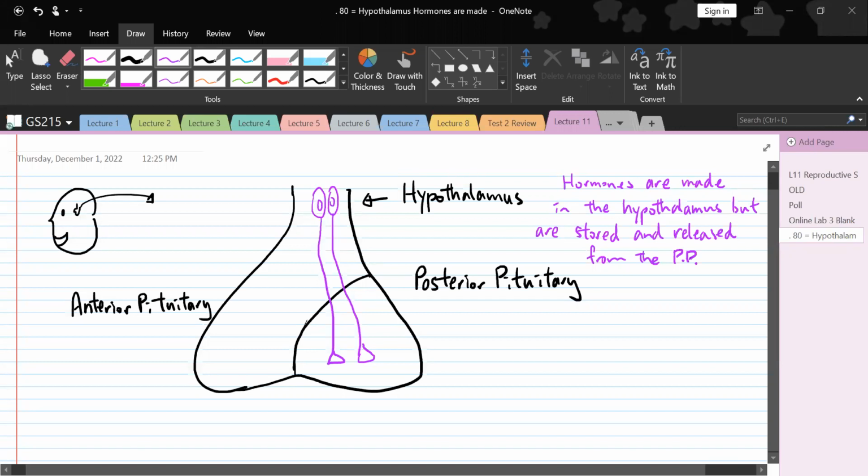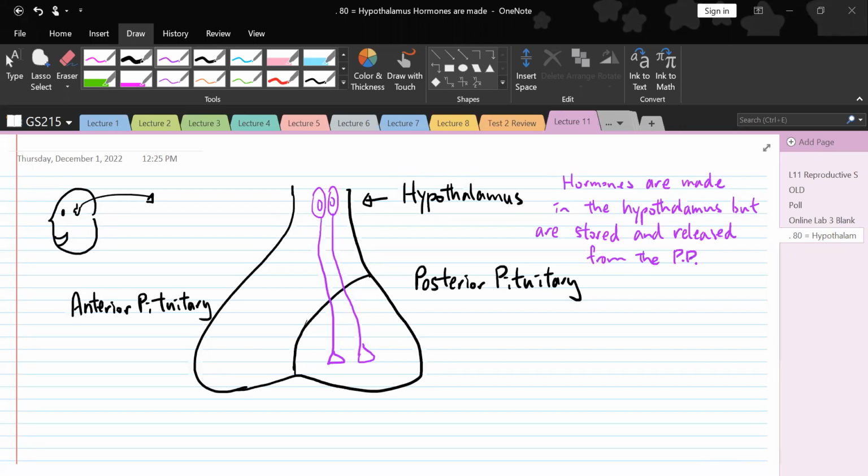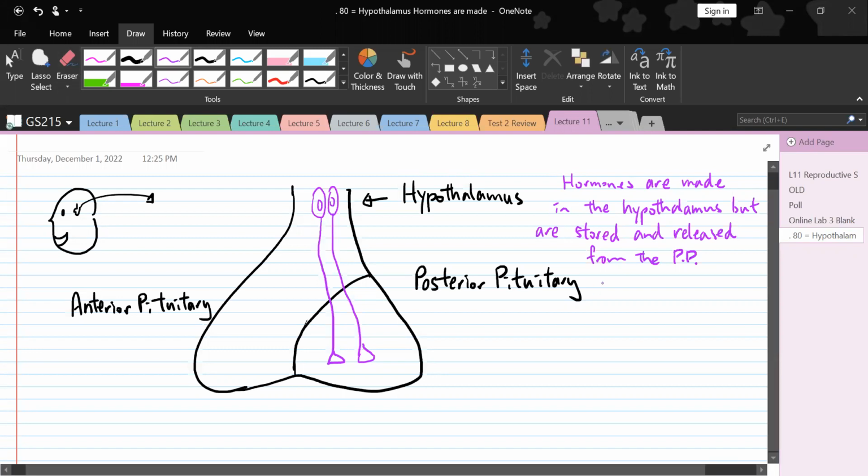There are two such hormones that fit this description. One of them we already learned. It is ADH, the antidiuretic hormone, which helps you conserve water. We learned that from the urinary system.